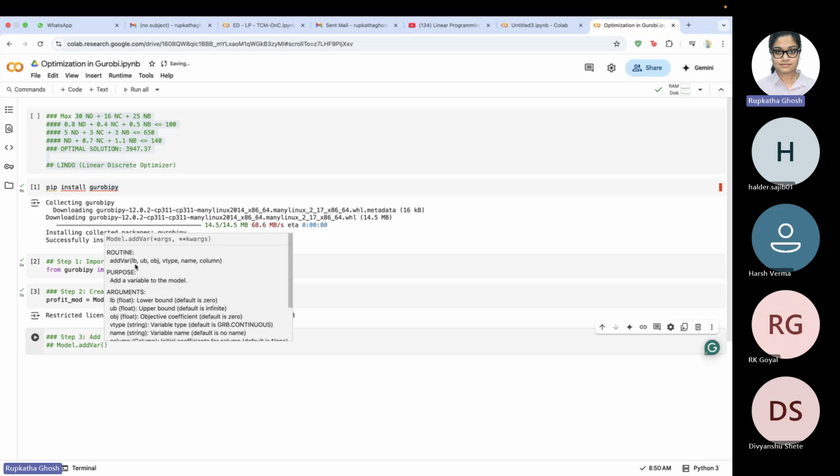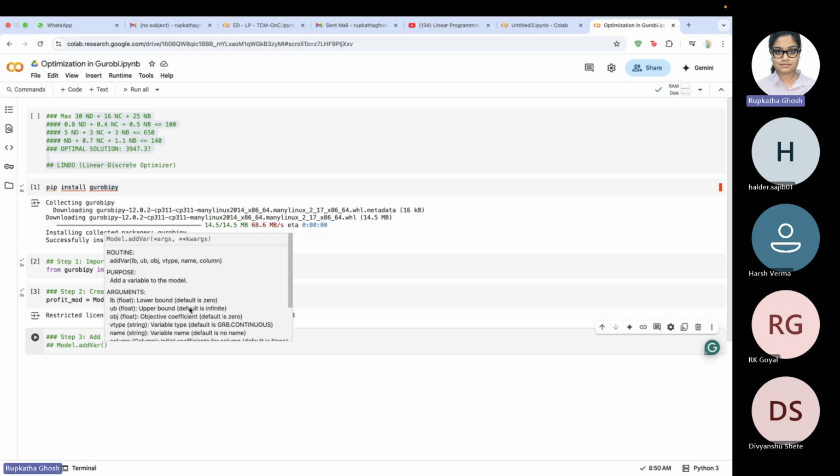LB stands for the lower bound. For the non-negativity restrictions, all the values of the decision variables have to be greater than or equal to 0, minimum. So you can specify LB is 0.